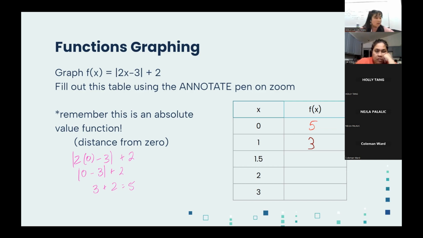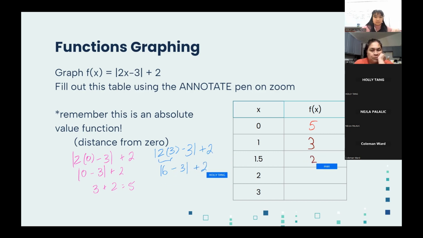Great, okay. Can anyone do the next 3 just really quickly? I can go ahead and do x equals 3 if someone wants to do 1.5. 2 times 3 minus 3 plus 2. This goes to 6 minus 3, staying in the absolute values because you want to simplify everything in the absolute value before moving on.